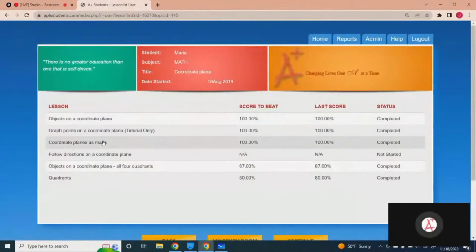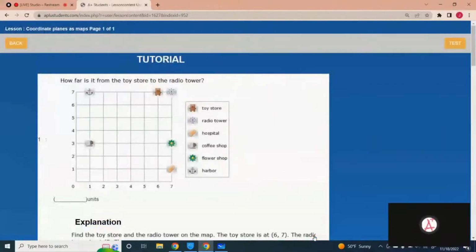coordinate planes as a map. Okay, now we are going to see how we can use the coordinate planes as a map. Got it? Okay, how far is it from the toy store to the radio tower? This is the toy store and this is the radio tower.